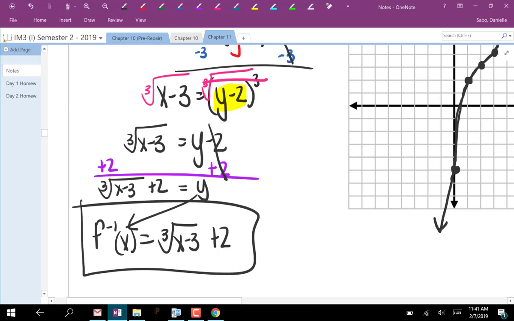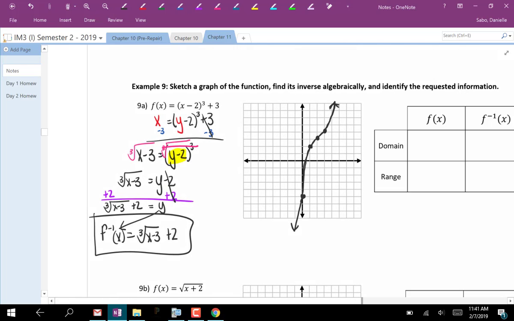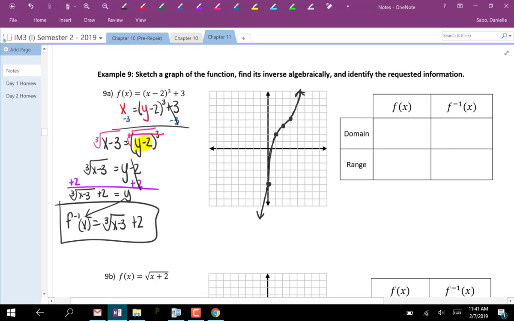Okay, last piece of this problem. So it's like putting everything together, and you guys are doing fantastic. What is the domain of this graph? What do you think? Yeah, negative to positive infinity. Here's my hint to you: if you ever have a power of 3 or a power of 5, anything odd, it'll be all real numbers every single time.